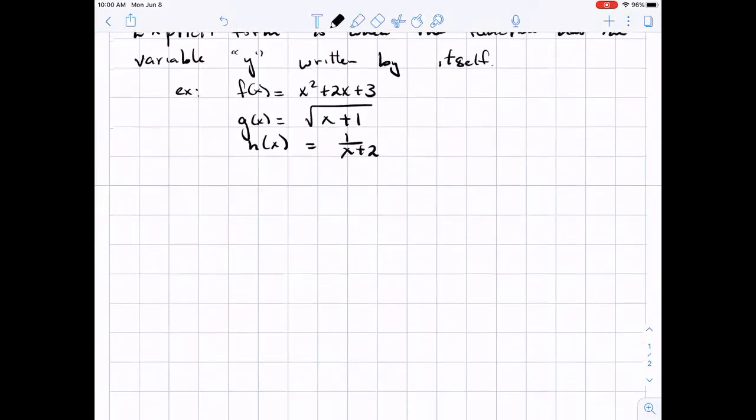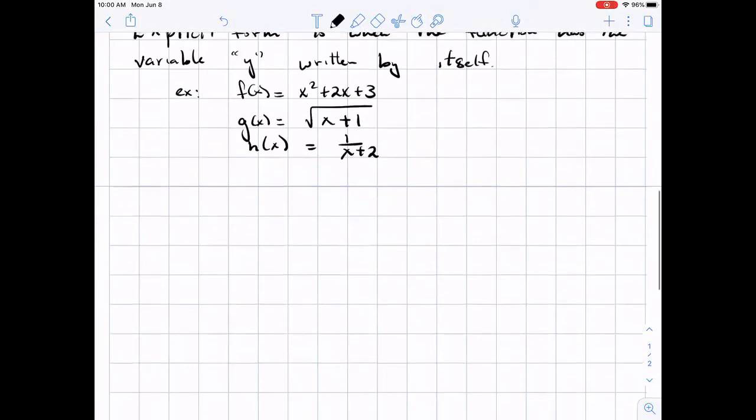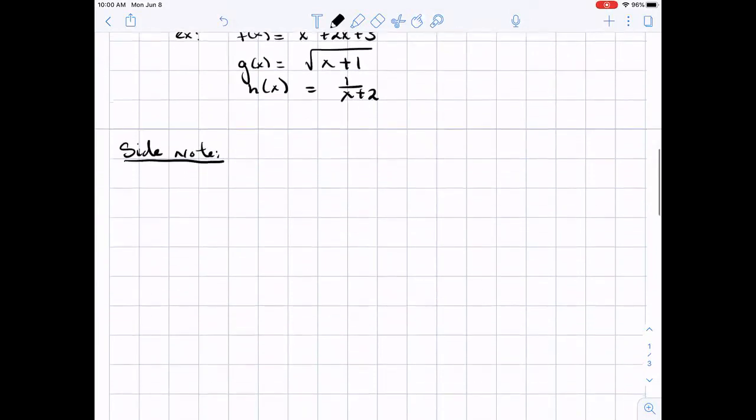Now, when you are given a function, let's just take a little side note here, and the side note is to lead into the derivatives of implicit functions.